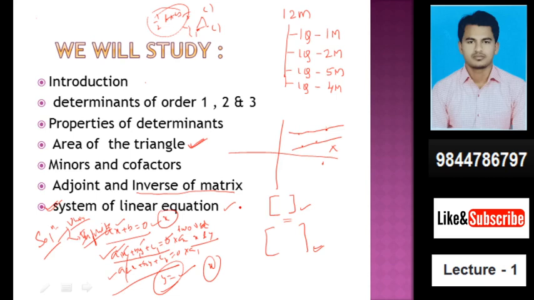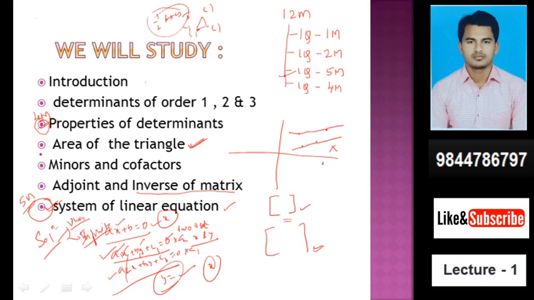For annual examination purposes, for 5 marks, the system of equations bit will carry one question, that is 5 marks. For 4 marks, the bit is properties of determinants.